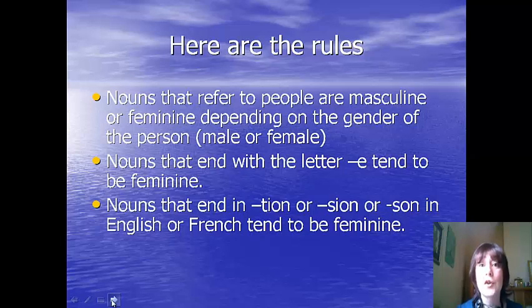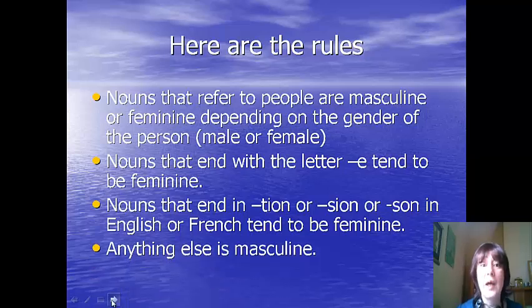You've got words such as tension, definition, television, reason. All these words are feminine. And finally, anything that doesn't fall into these categories is masculine. So anything else is masculine.